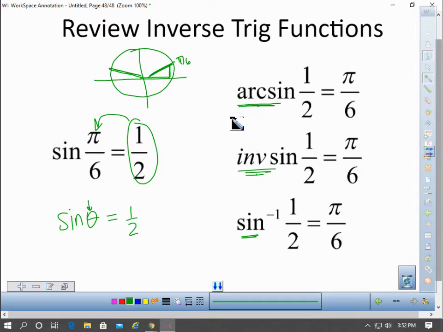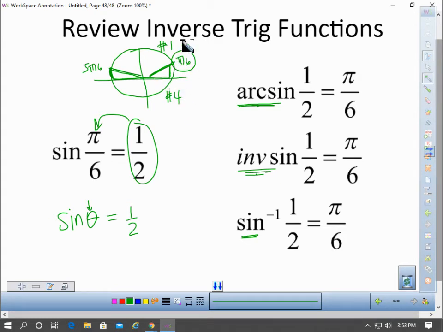The domains come from the first quadrant and the fourth quadrant, not the second and third quadrant. So we don't want this answer over here that's over to the left a lot and up 1/2. So we don't want 5 pi over 6. We just want the pi over 6 first, and then the fourth quadrant is a negative answer, so we don't want that one.